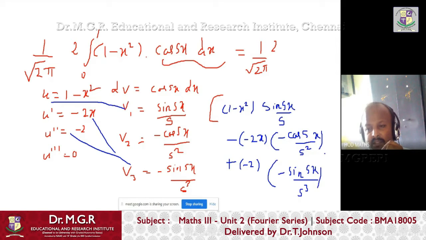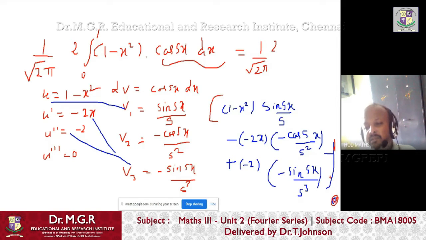And you have to put the limits 0 to 1, not minus 1 to plus 1.